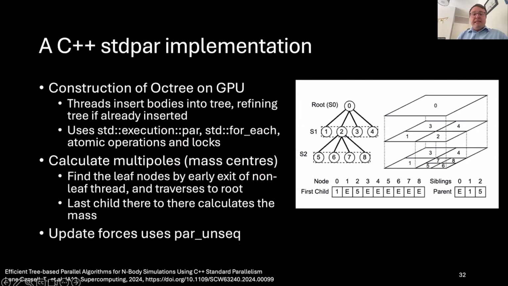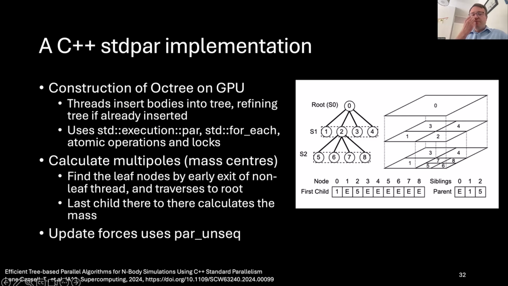To do this well, you basically need to build an octree that is unstructured in some way. It's not a balanced octree necessarily. It depends where your particles are. You have to rebuild this every time step. And whilst it's not the most expensive step in the Barnes-Hut algorithm, if you have to keep doing this on the CPU and shuffling the data around, it can be quite expensive.